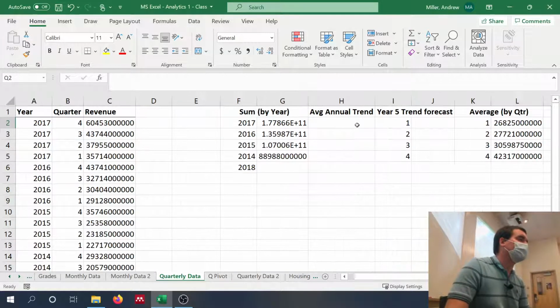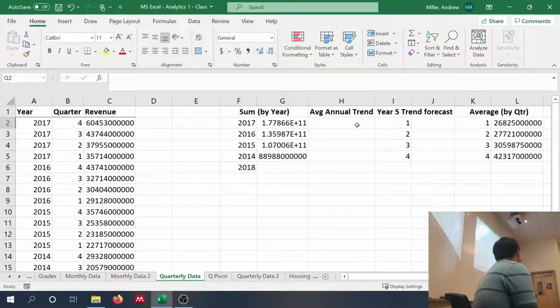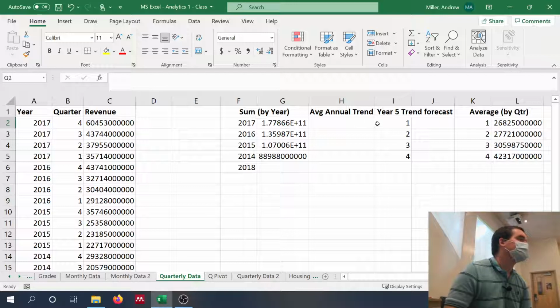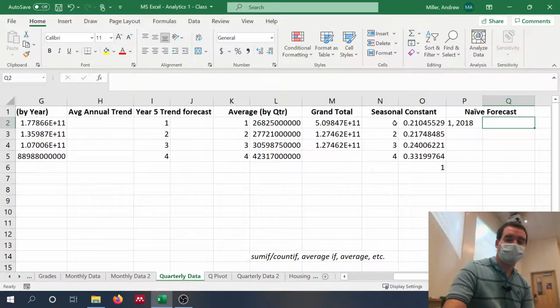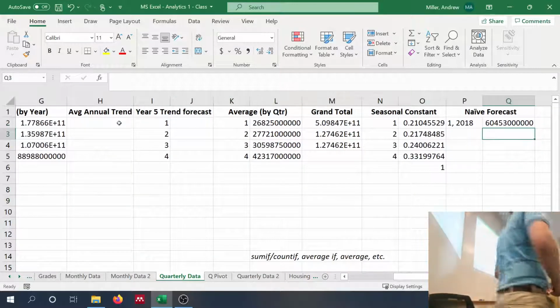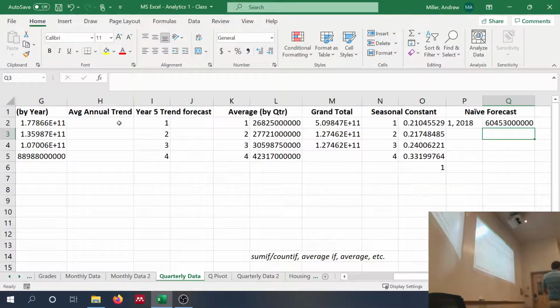Looking for the naive forecast for quarter 1, 2018. That's exactly correct. As a naive forecast, you take the most recent observation you have. Pass that over to them, please. Thank you. All right.